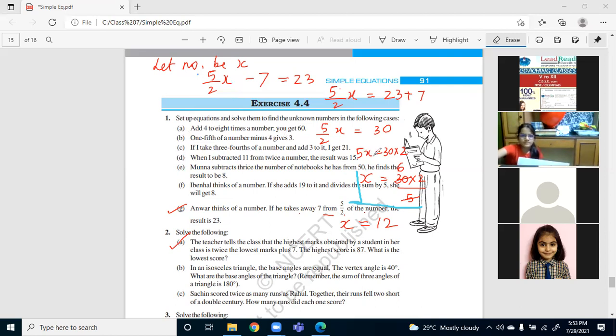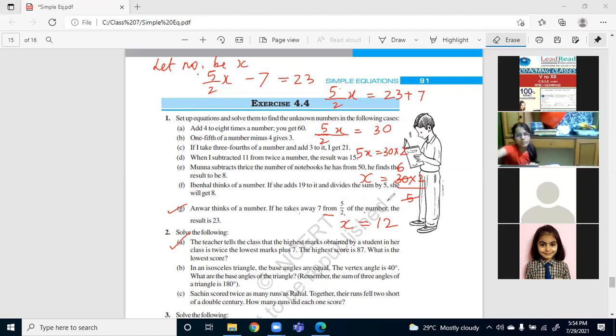See 5x. Rakshita, if you move 2, it is in division. Yes, ma'am. If you move it to the other side, then it will be in multiplication. Yes, ma'am. So now if you move 5, 5 is in multiplication.